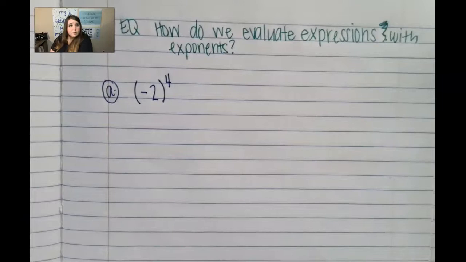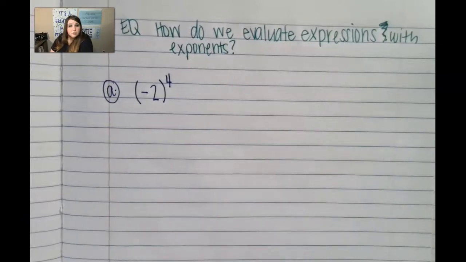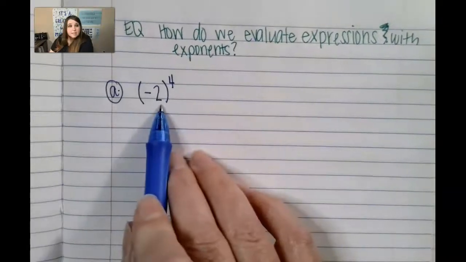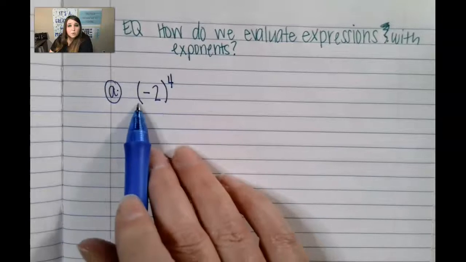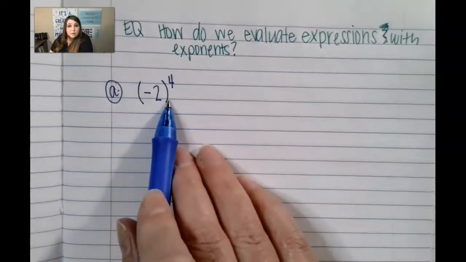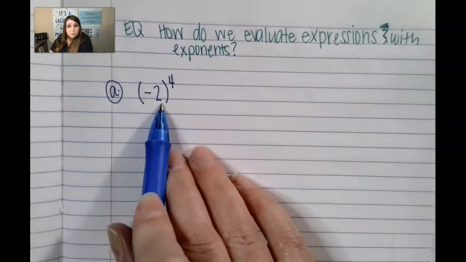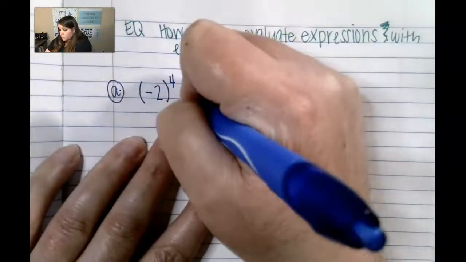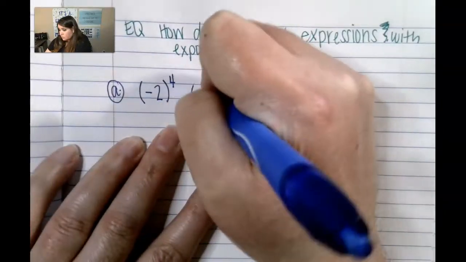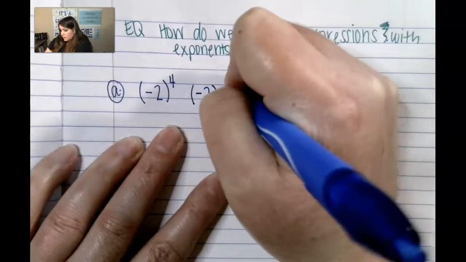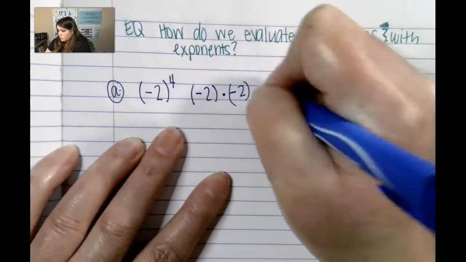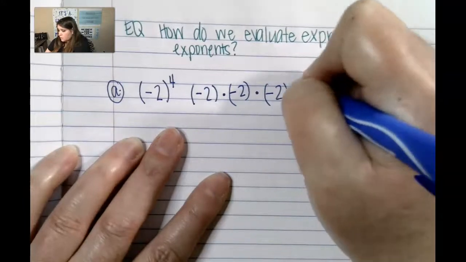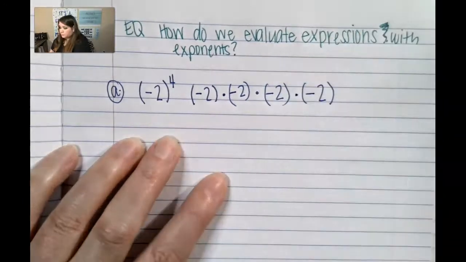Okay, so in this problem, we need to first write down our factor. Well, here our factor is -2. Notice it's inside the parentheses, so what we're doing is we are actually multiplying the base, which is -2, 4 times. So -2 times -2 times -2 times -2.